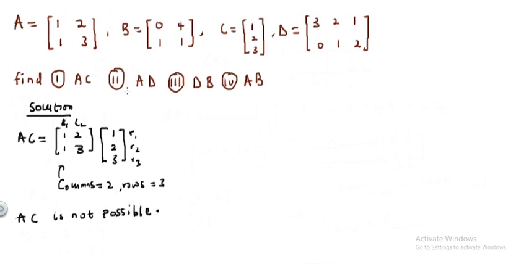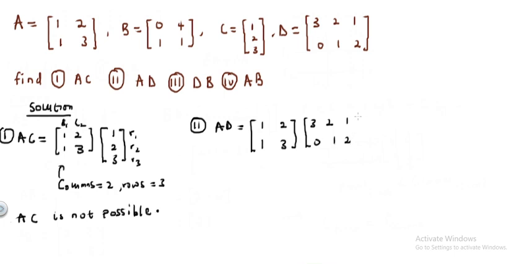For our next question, we are told to find matrix AD. This is question 2. This will be question 1. Matrix A is given as 1, 2, 1, 3. Matrix D is 3, 2, 1, 0, 1, 2.